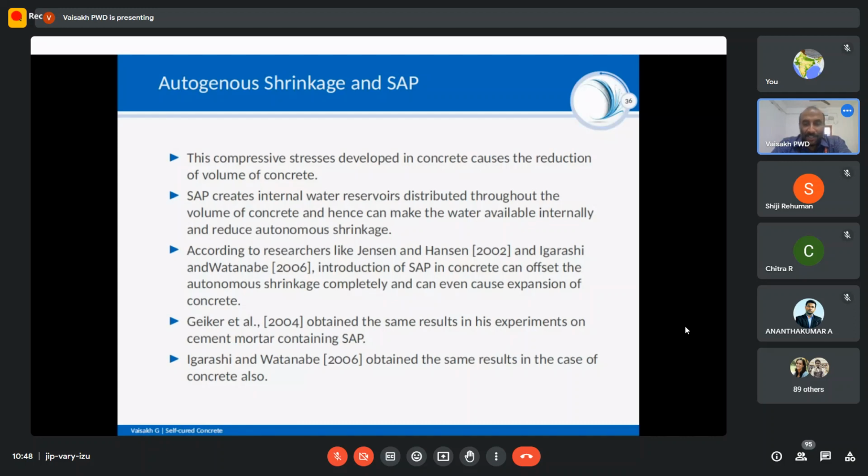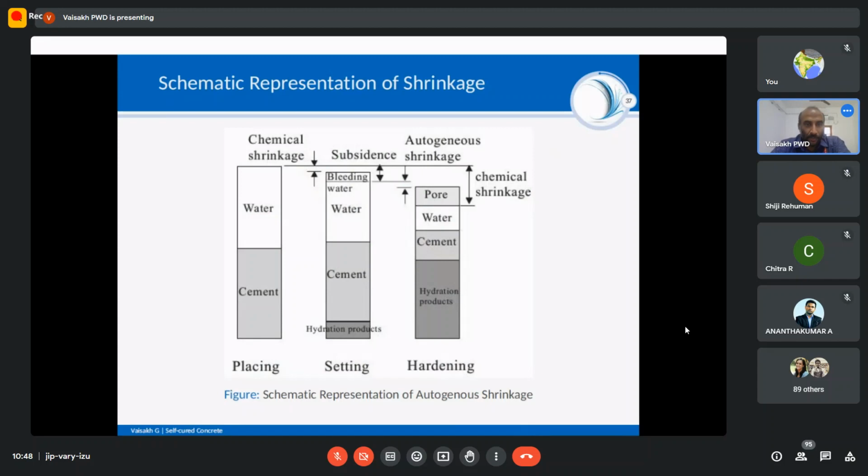Some researchers even found out that introduction of SAP into the system can actually reduce autogenous shrinkage and even cause expansion of concrete. This is a schematic representation of shrinkage. The chemical shrinkage, subsidence, bleeding, autogenous shrinkage, everything is mentioned there, self-explanatory.